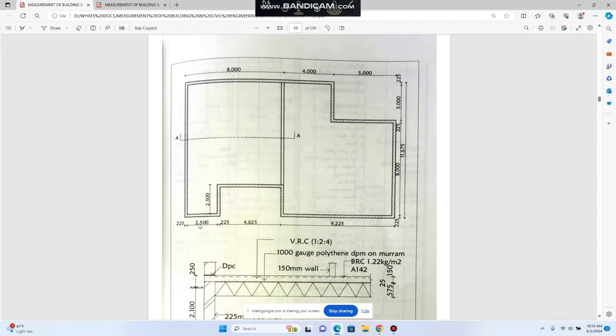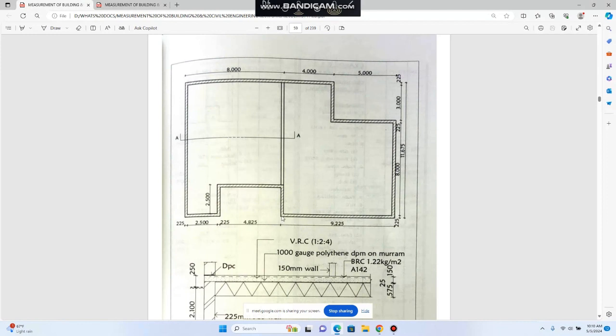Okay, the dimensions which are given below here, we are given the thickness of the wall. The thickness of the wall is 225. The dimension of this wall from inside to inside is 2,500. The thickness of this wall is 225. The dimension from here up to here is 4825.